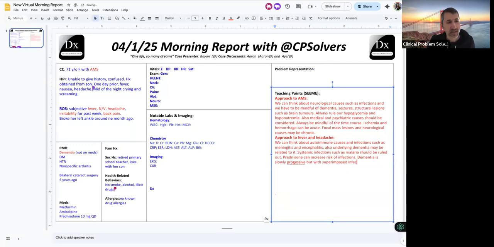But what I was taught and what I also teach, though I haven't necessarily found a source for this, doesn't mean it doesn't exist: for example, Alzheimer's dementia, the most common neurodegenerative dementia, people say that they lose about 3 points on a Mini-Mental or a MoCA per year, to give you a sense of how slowly progressive these things are. So just changing over days here would probably be fast for progression of dementia.